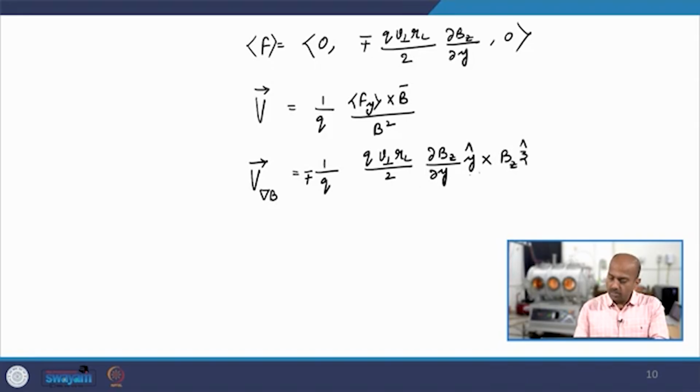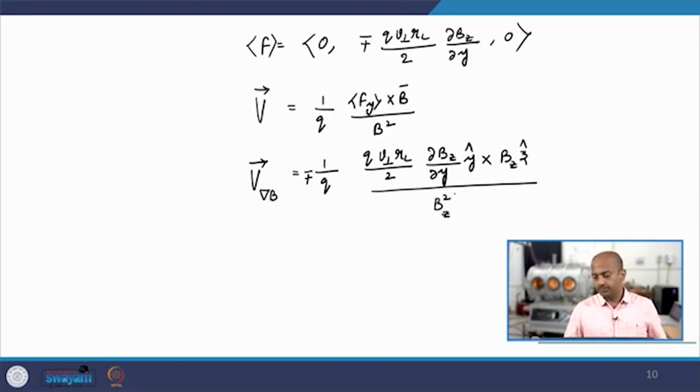The direction of Bz is along z cap, but the gradient of B is along y cap, divided by Bz square.